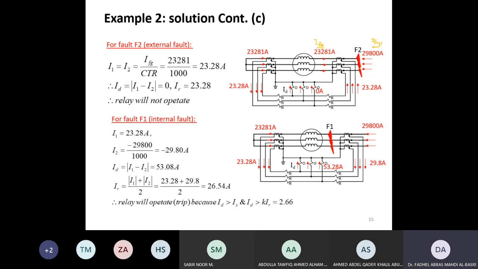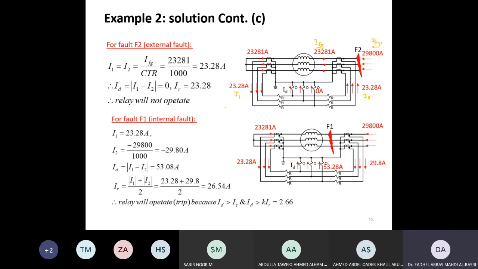And now the fault is here after this CT, so there will be no current. The current in CT1 and CT2 is the same as this. As a result, the current in the secondary side of CT1 will be, this is I1, and the current in CT2 is this current also divided by the CT ratio, this is I2.